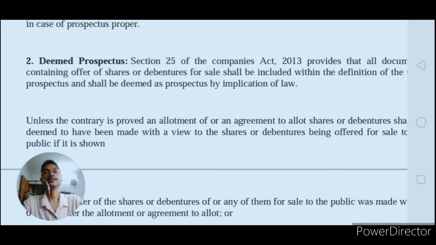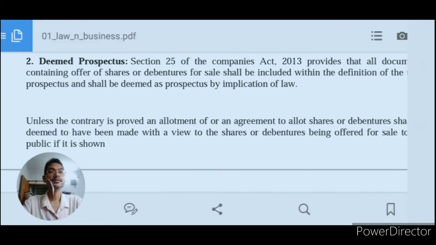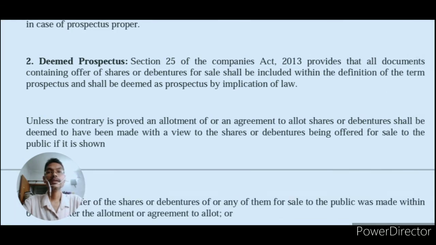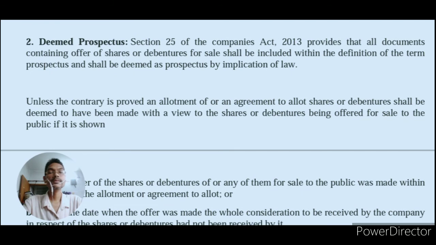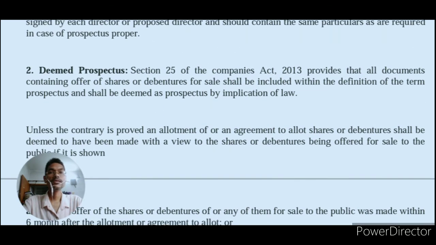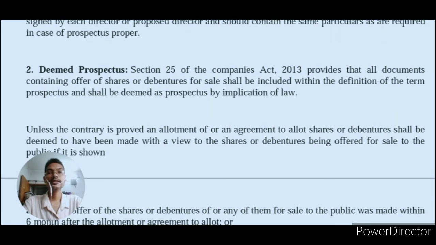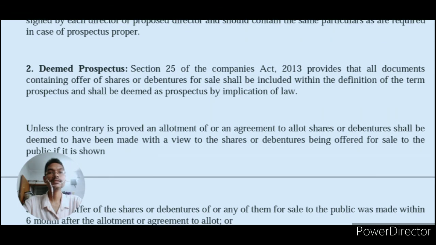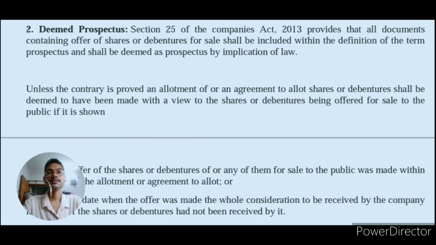2. Deemed prospectus. Section 25 of the Company Act 2030 provides that documents containing an offer of shares or debentures for sale shall be included within the definition of the term prospectus and shall be deemed a prospectus by implication of law.